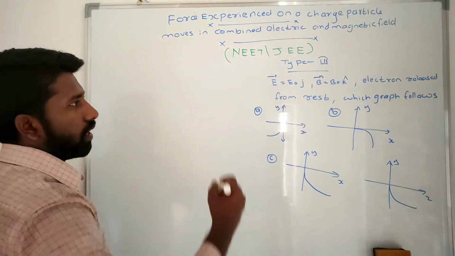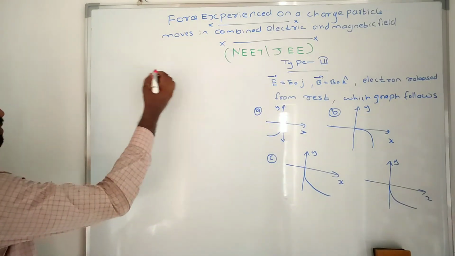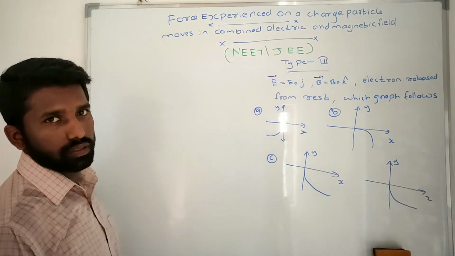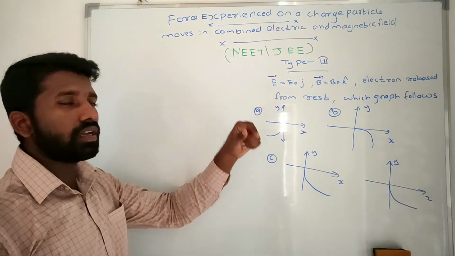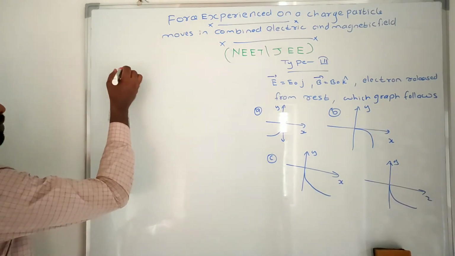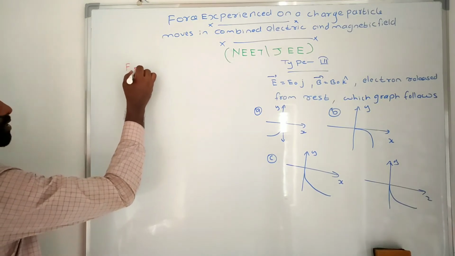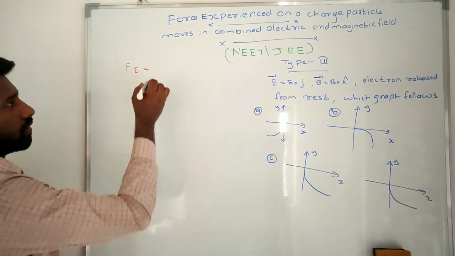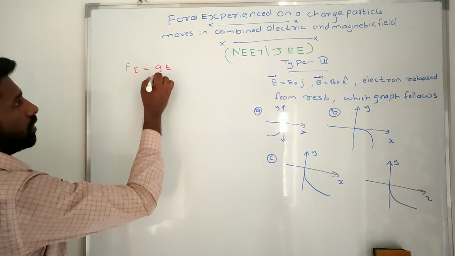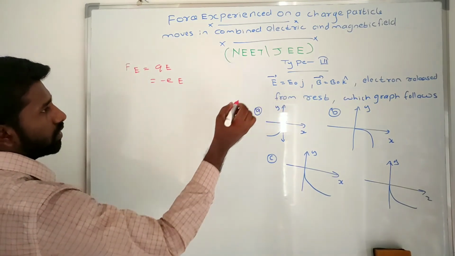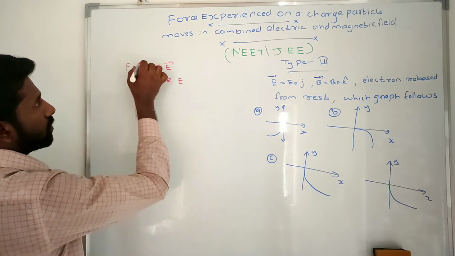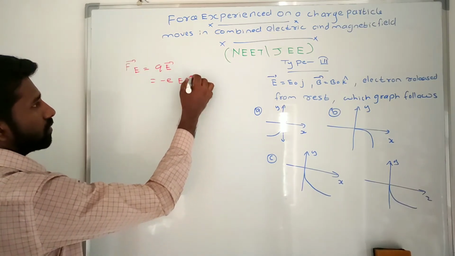So listen here, type 3. This electron is acting in an electric and magnetic field, so it will experience two forces. What are the forces? The electrostatic force, F is equal to QE, which here gives minus e into E0 j.